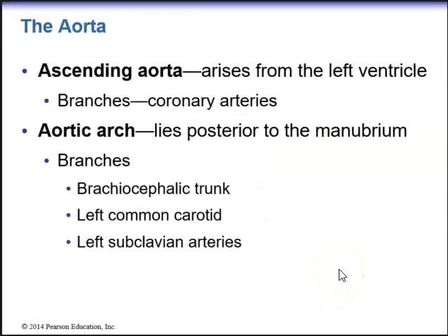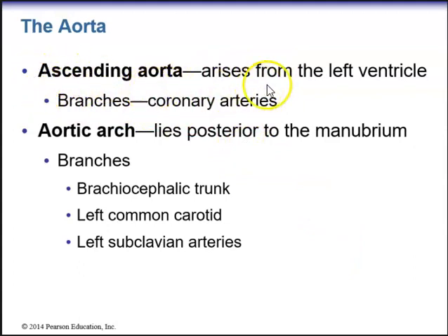So first we're going to start talking about the blood vessels within the thorax, specifically the blood vessels coming from the heart. We have the aorta, one of the largest arteries in the body, and we have different parts of the aorta. The first part is the ascending aorta.